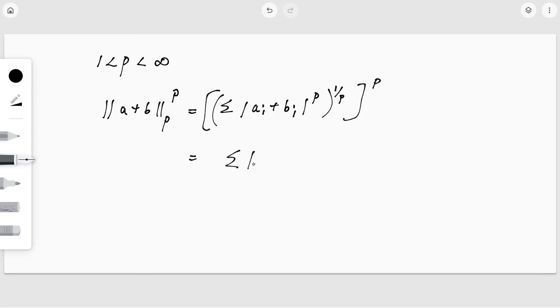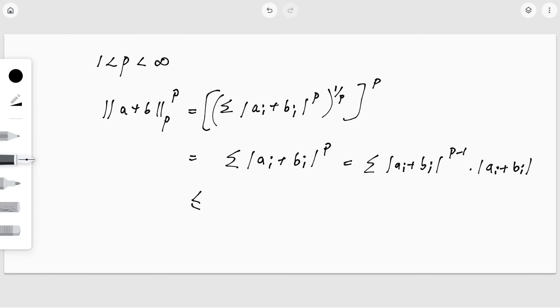This value would be summation mod Ai plus Bi whole raised to P, as the P and 1 by P get cancelled. Now this can also be written as summation mod Ai plus Bi whole raised to P minus 1 into mod Ai plus Bi.